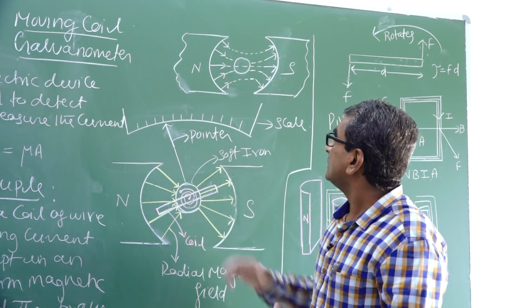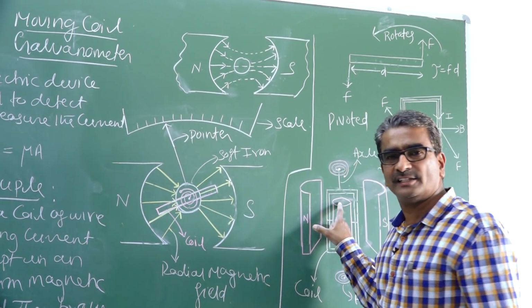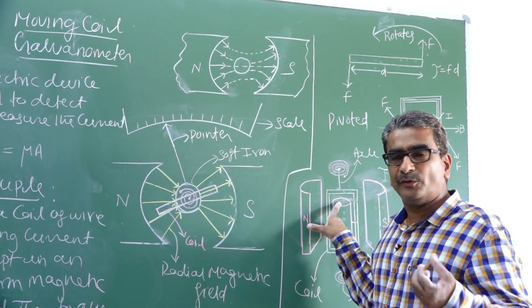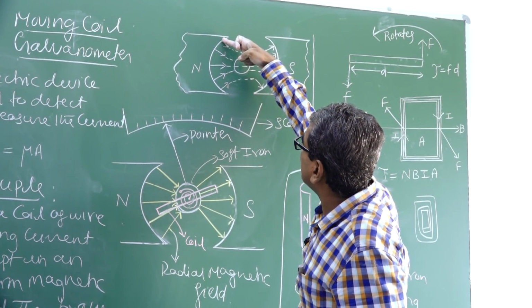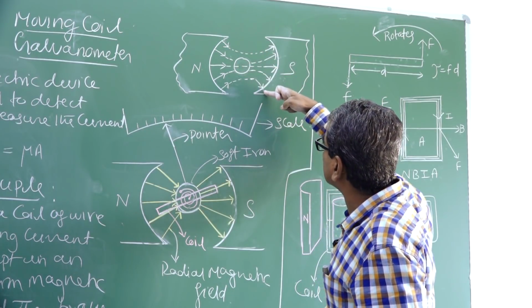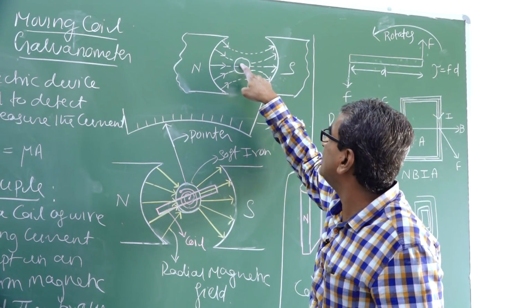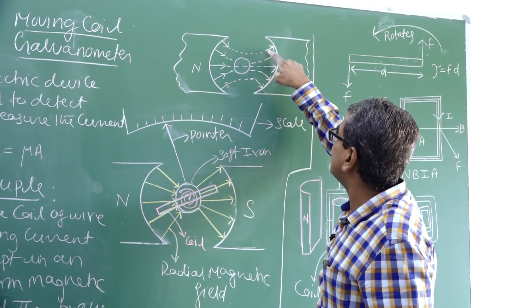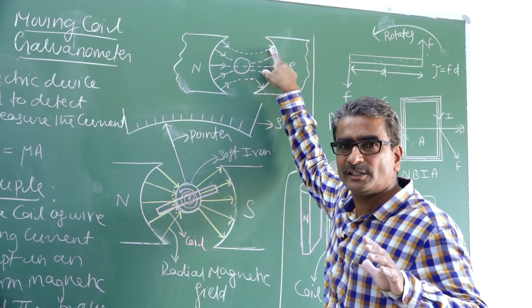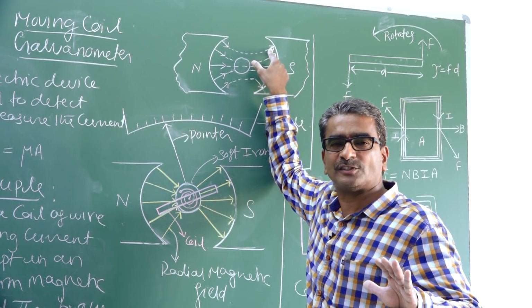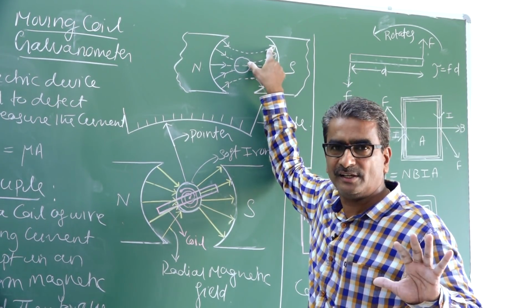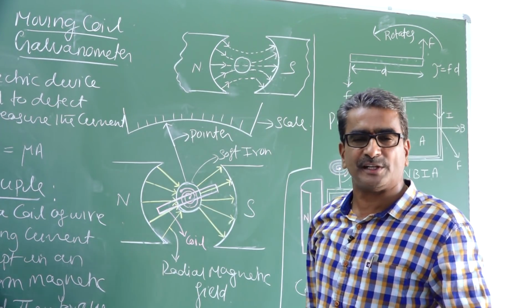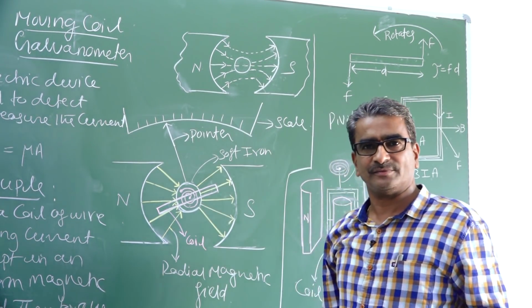Okay. Then here, how the iron cylinder is going to make the field strong. See, this magnetic line of force, instead of passing straight like this, because of iron cylinder, it deviates like this. And we know that no two magnetic lines of force are going to intersect with each other. They do not cross each other, because that's one of the basic property of magnetic line of force.